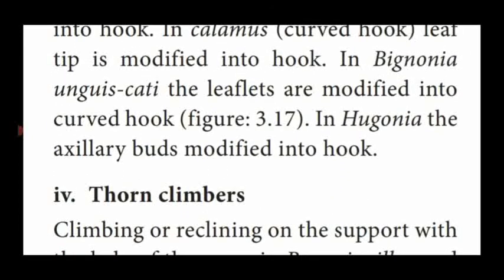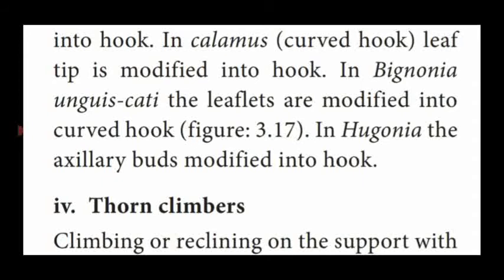In Begonia, the leaflets, at the tip of the stem, you are producing two young leaves with very small leaves. That is known as leaflets. So these leaflets are modified into curved hooks. In Eugenia, the axillary bud. What is the axillary bud? The angle between the stem and the stalk of a leaf is known as the axil.